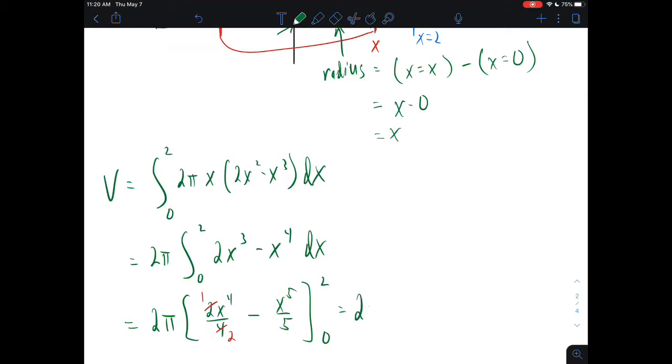So this gives me 2 pi times the quantity, first plugging in 2. I would have 2 to the fourth divided by 2, so that's 2 to the third or 8, and then minus 2 to the fifth, which is 32, divided by 5, and then plugging in 0, I would have 0 minus 0.